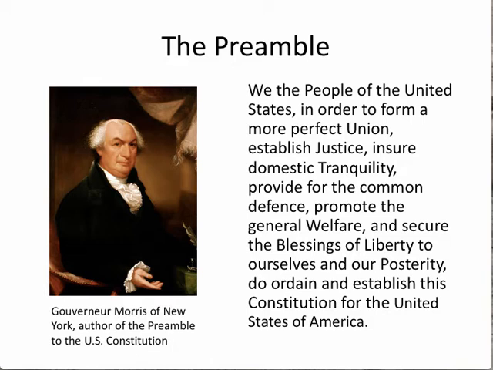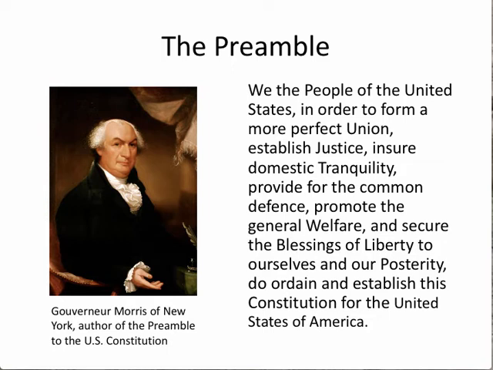Not the government, not the federal government, not the states, not the elite people or the well-educated people or the wealthy people or the upper 1% of the people, but we the people, all the people of the United States are the sovereigns. We are the rulers of this nation, and that is something we should never forget.